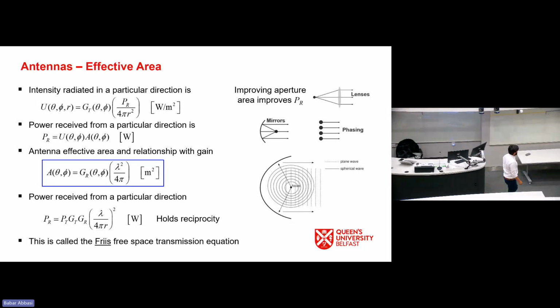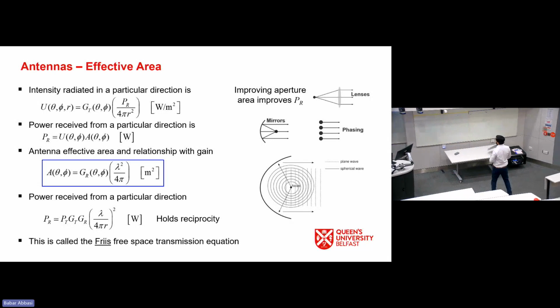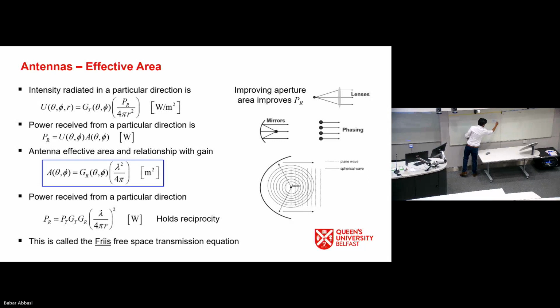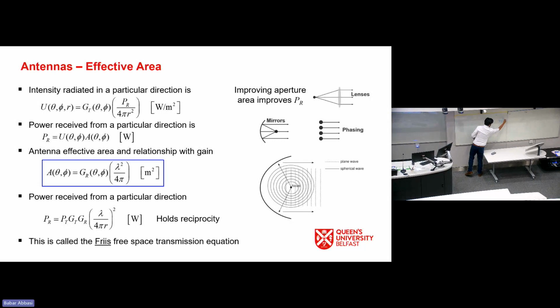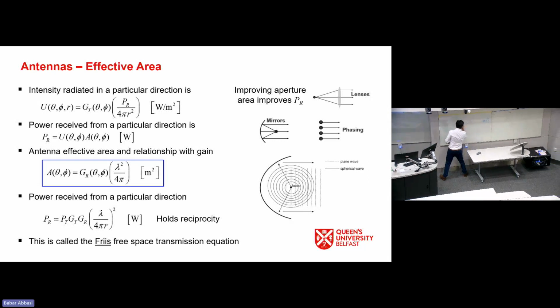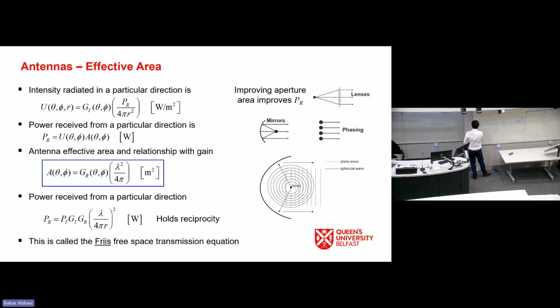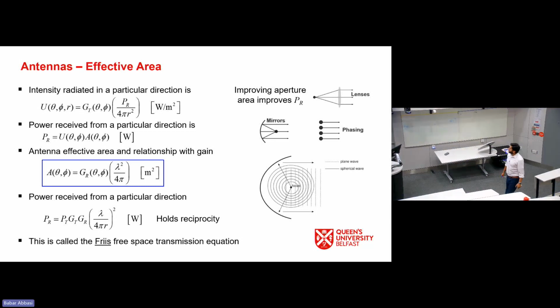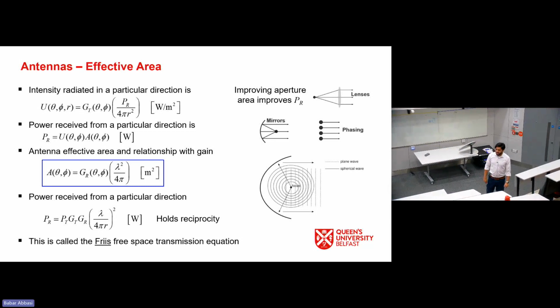It states PR, that is the received power PR at a distance R from the transmitting antenna, is equal to PT GT GR.